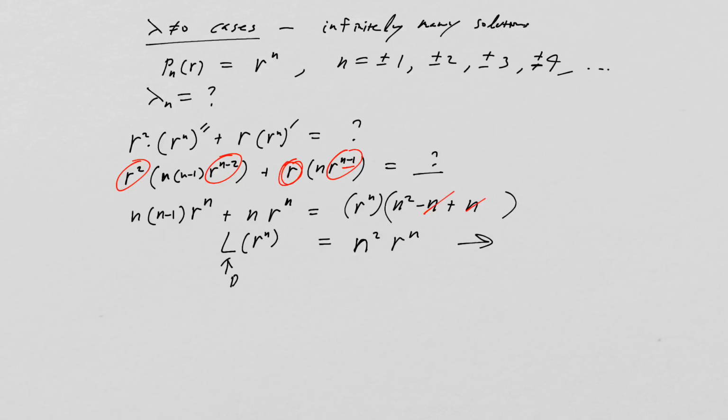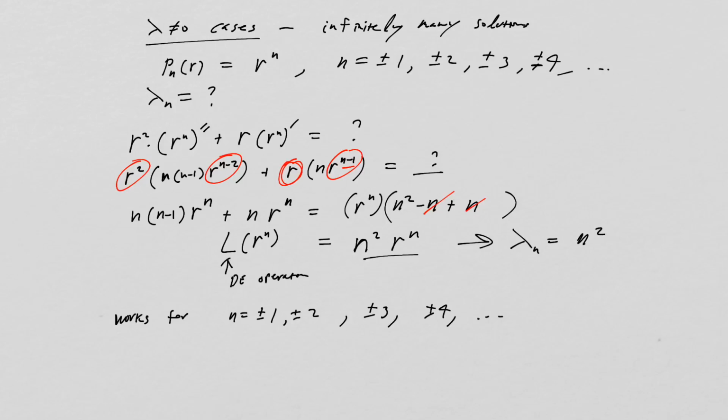That's the differential equation operator. And we got that out, so that means my lambda n is equal to n squared. Okay, and so this again works for n equal to plus or minus 1, plus or minus 2, plus or minus 3, plus or minus 4, and on that forever.